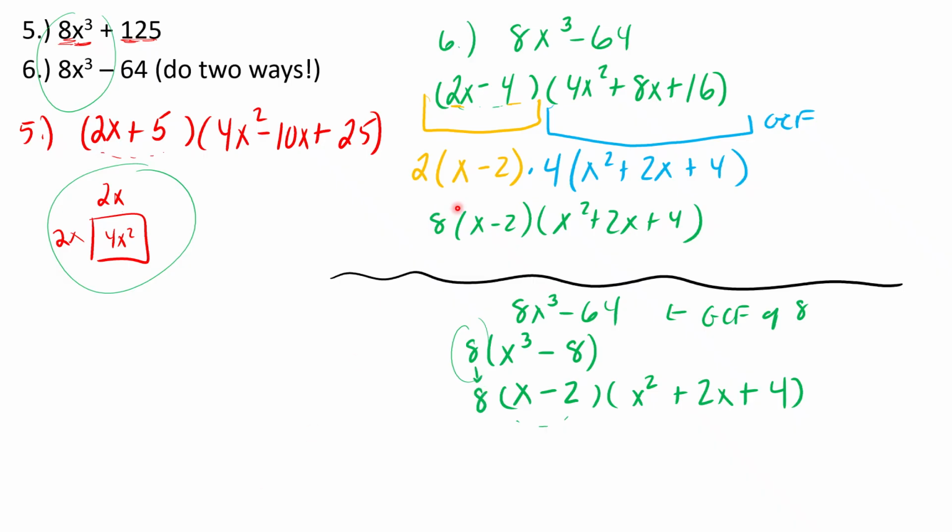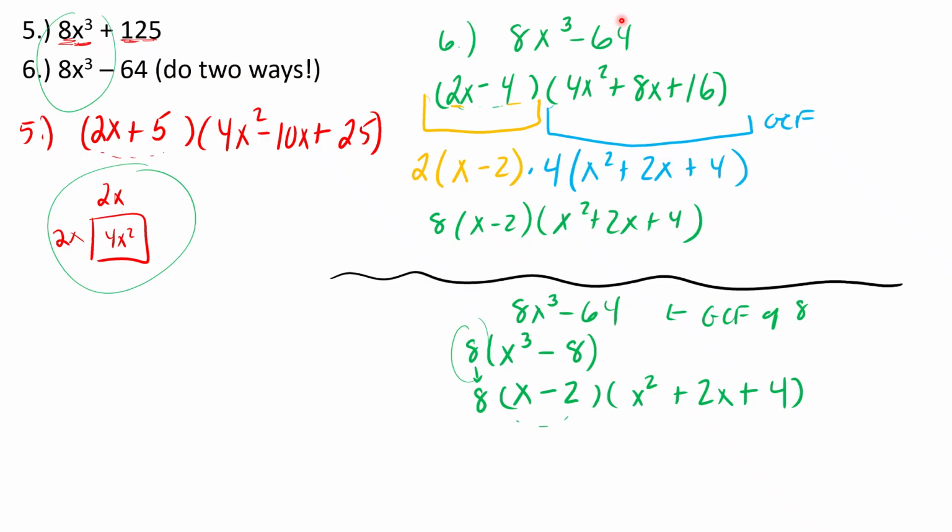Now you can take a moment here and think which of these two ways was easier. They both work, okay? So you can do the difference of cubes and then get the GCF out. That totally works. Or you can get the GCF out at the beginning and then do the difference of cubes. It's kind of whatever works better for you.